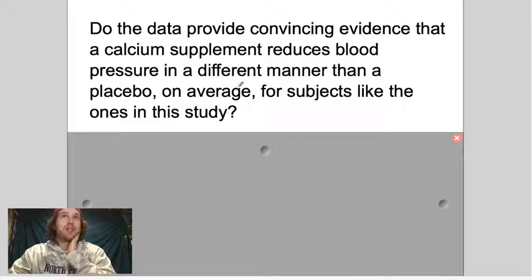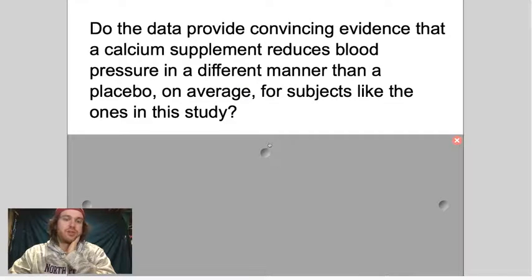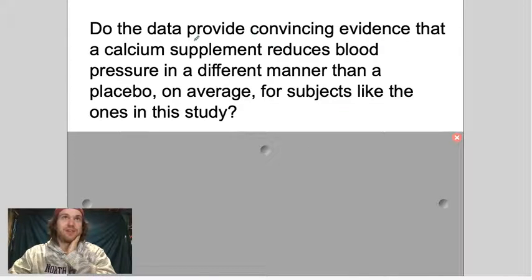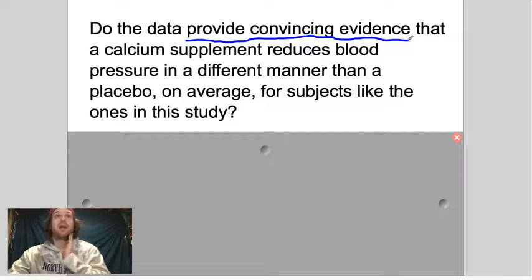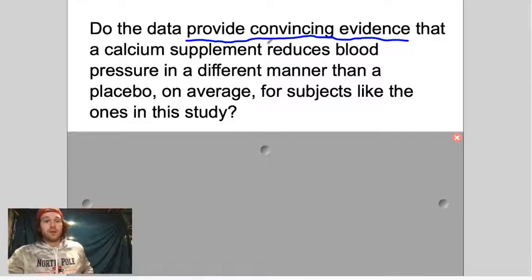Do the data provide convincing evidence that a calcium supplement reduces blood pressure in a different manner than the placebo, on average for subjects like the ones in this study? So, what is it asking us to do? The keyword for significance test is right here: provide convincing evidence. Now actually, if you're on the AP exam and they say this to you, you do not have to do a significance test.